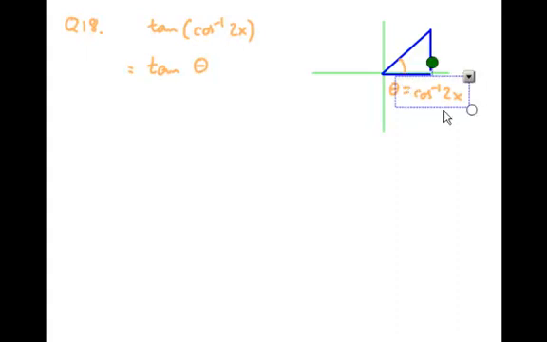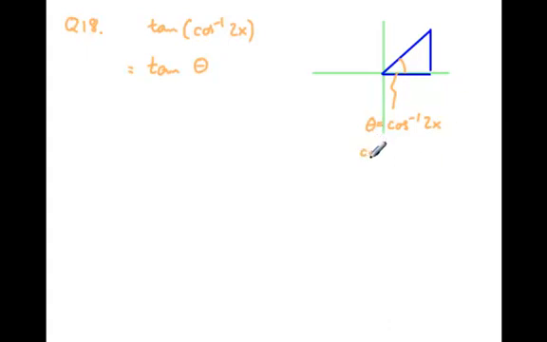So that means then, I'm going to pull this over here. At least I try to pull it over there. Get rid of this here for just a moment. I don't have enough space. So this one here is theta equals the inverse cosine of 2x. That's what I wanted to say.